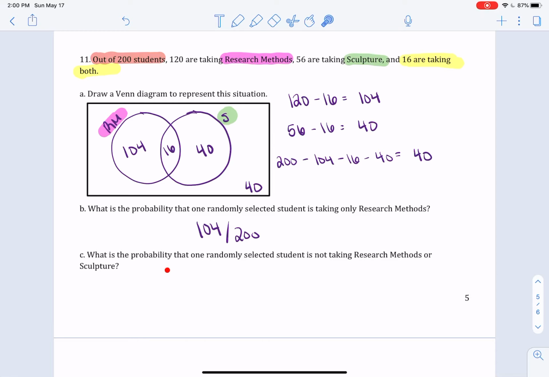Then it says, what is the probability that one randomly selected student is not taking research methods or sculpture? Well, how many students are taking neither of those classes? That would be right here, 40 of them. So that'd be 40 out of a 200 chance that the randomly selected student is not taking either of those classes.